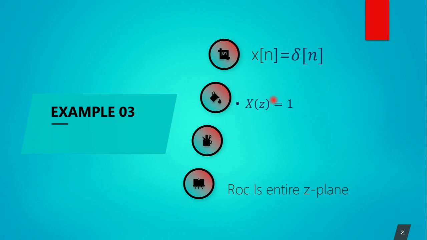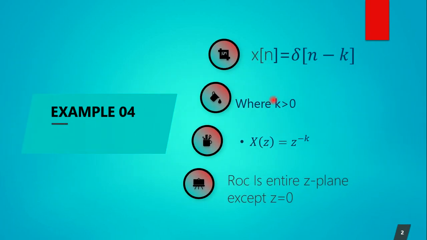So if we take the summation of all the things, it will come out to be 1 because there is only 1 at 0 and all others are 0. So here ROC will be the entire Z plane.